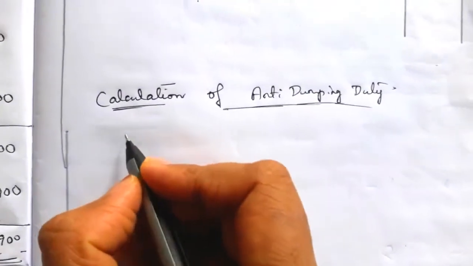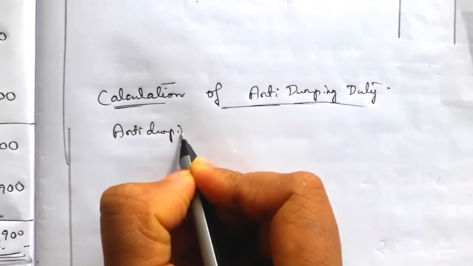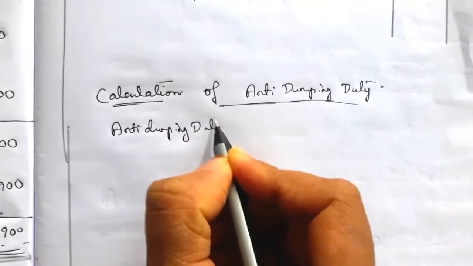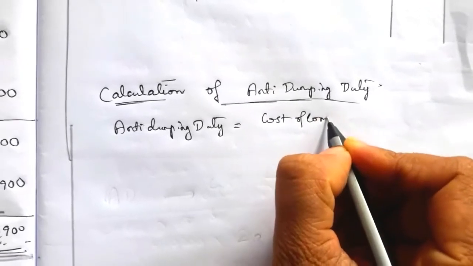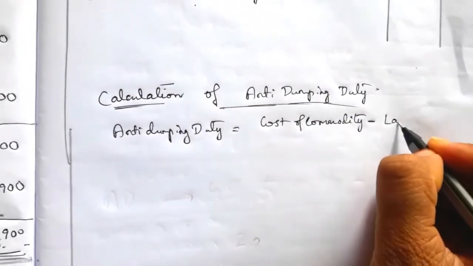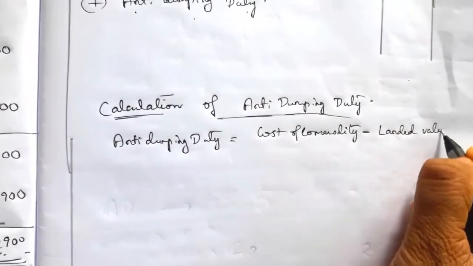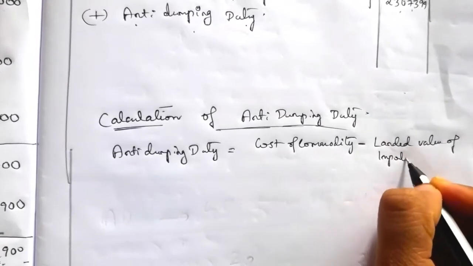So anti-dumping duty is equal to cost of commodity minus landed value of imported commodity.